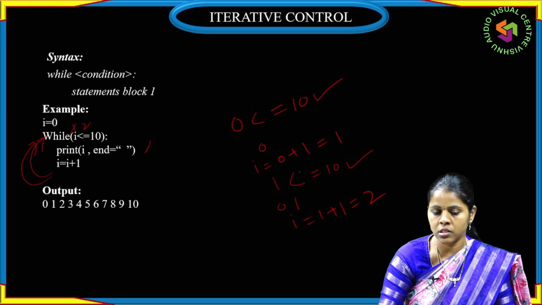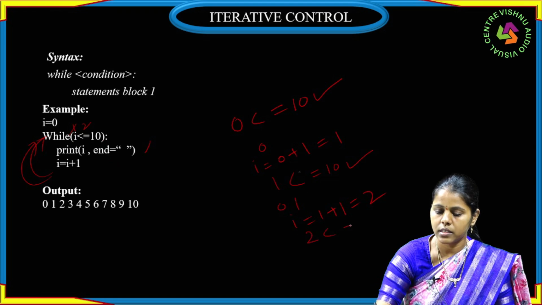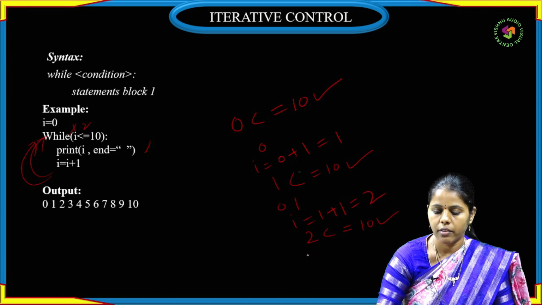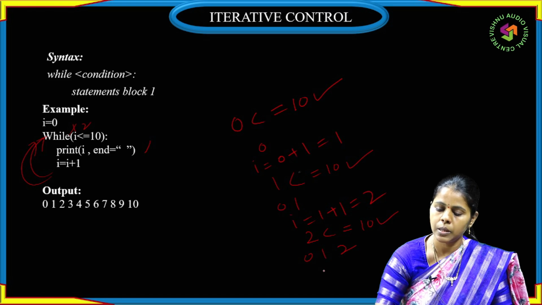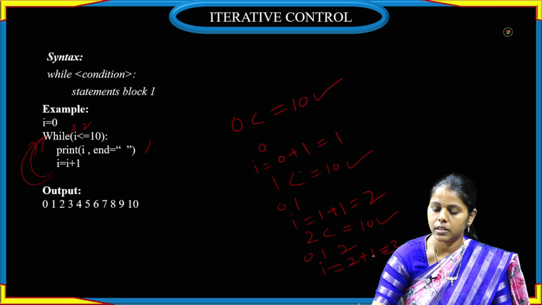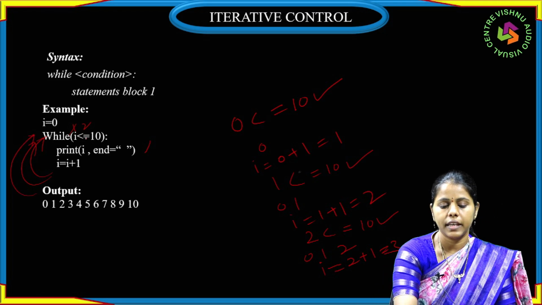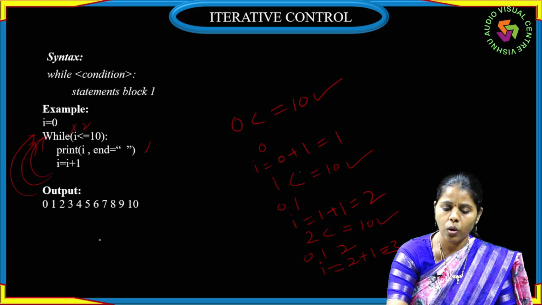Yes, the condition is true, so it will print 0, 1, 2. Next, it will increment the I value, I equal to 2 plus 1, that is 3. Again it will check whether 3 is less than or equal to 10. The condition is true, and so on it will execute.